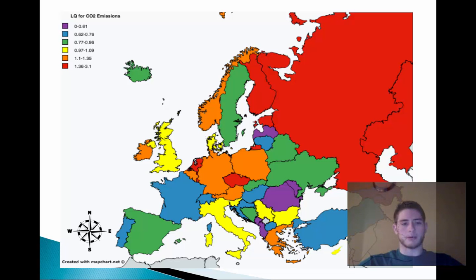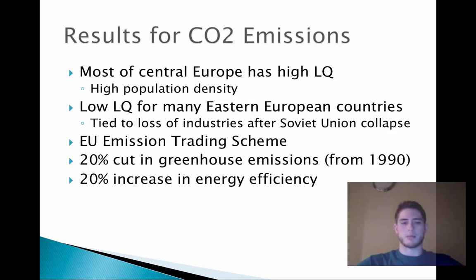Here is my map for CO2 emissions. Definitely see a lot of emissions in Central Europe. There's a lot of population density in that area, a lot of population pressure, and the land has really been optimized and used for many years compared to some of the other countries.